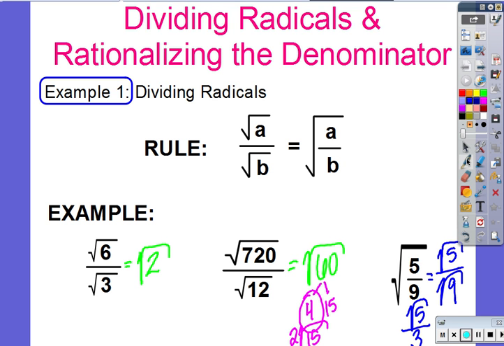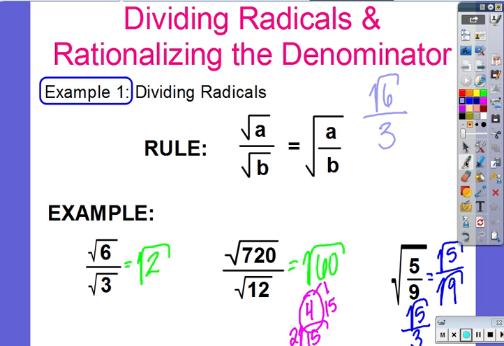Now I'm going to add one little thing to the slide because I want to show you a very common mistake that people make. If we have something like the square root of 6 divided by 3, can we simplify that any further? No. But remember, they either both have to be outside or they both have to be inside.